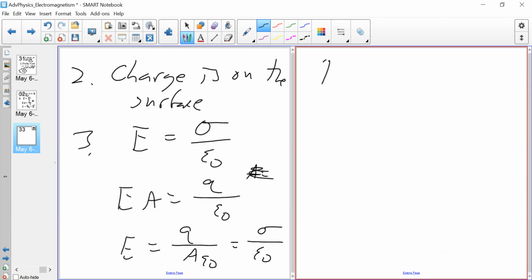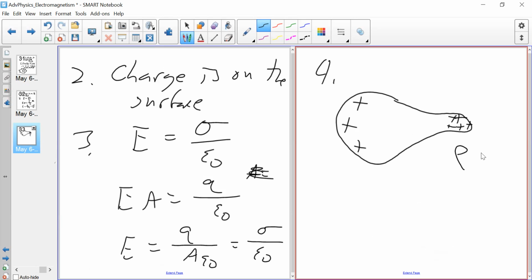And then lastly, for electrostatic equilibrium, let's say we have an oddly shaped object that looks like this. The charge is the densest at small spaces. In an irregularly shaped conductor, the surface charge density is highest at small r.